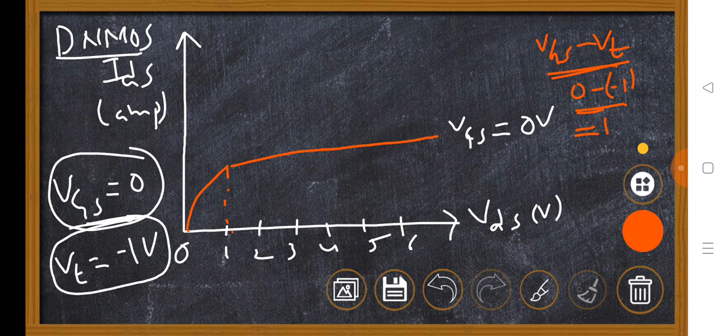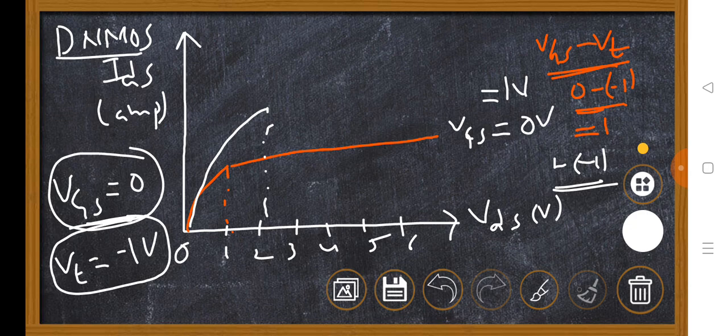If you further increase the gate to source voltage, what will happen? Just understand yourself. If VGS is plus 1 volt, now observe that this is 1 minus of minus 1. What is that? 2 volts. Absolutely. That means in the next condition, it will be 2 volts and it will be like this. Is it clear?